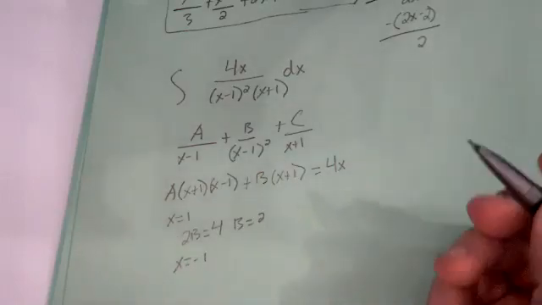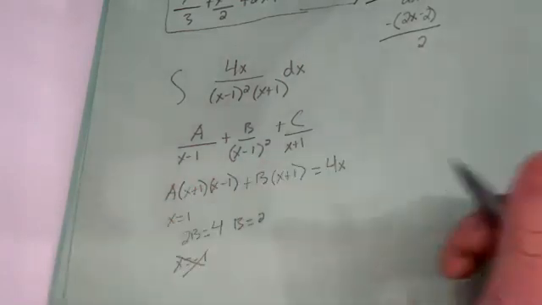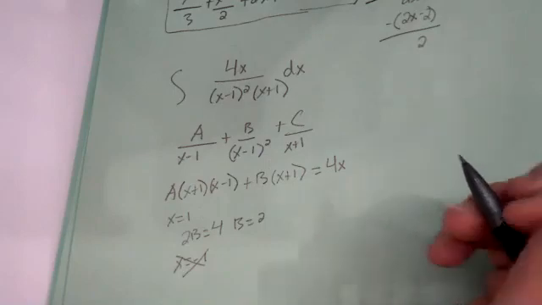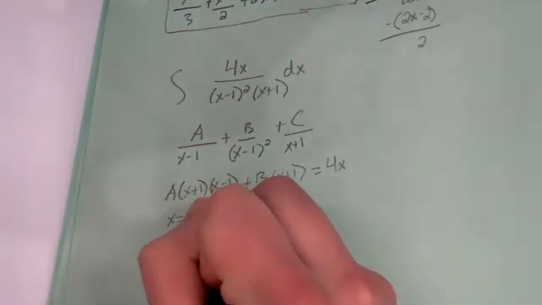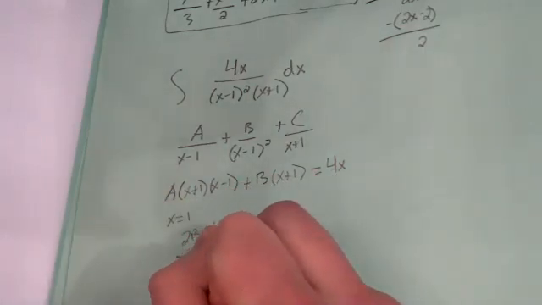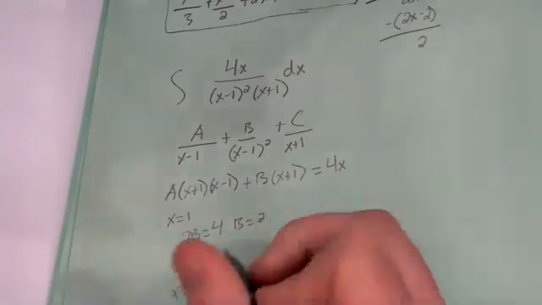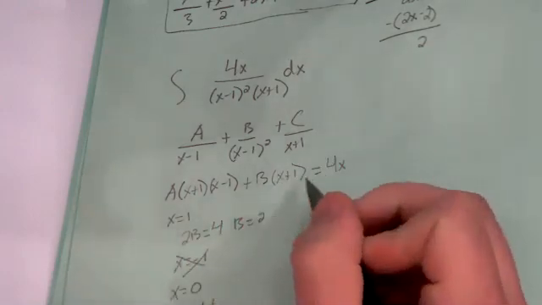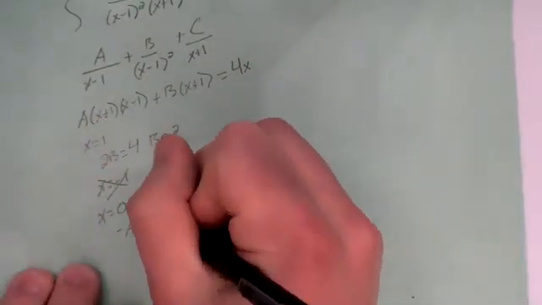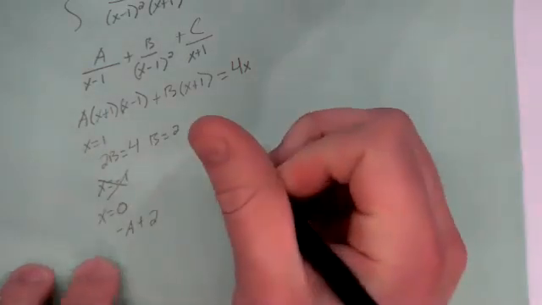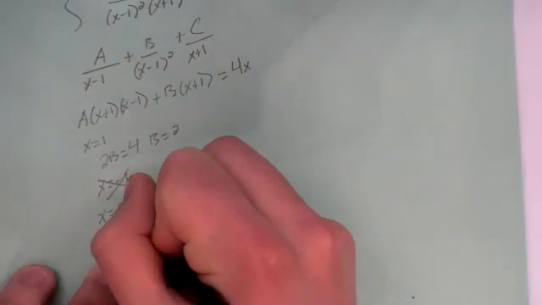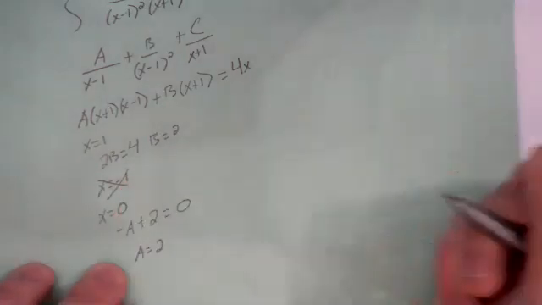So we actually can't use that one. So in this case, what we could do is if we set x equal to 0, that's just a 1 times a -1, so we get -a. And then for b, well, b is 2, so we have 2 times 1, which is just 2, so -a plus 2 equals 0, and we get just a equals 2.